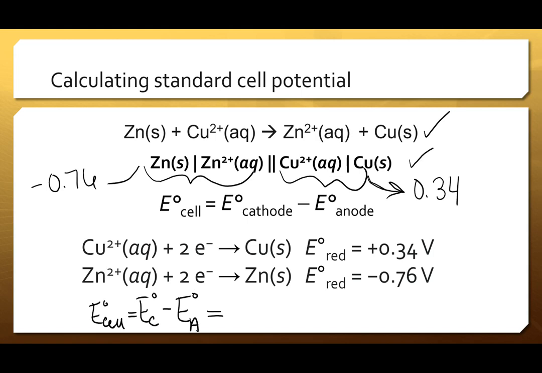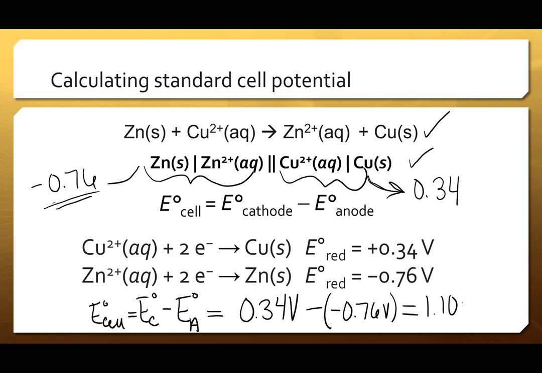Our cathode is going to be this copper over here where things end. So our cathode is 0.34 volts minus the anode, which is the zinc, negative 0.76 volts. So two negatives essentially become a positive. So when we add these two numbers together, we get 1.10 volts as the standard potential for this cell.